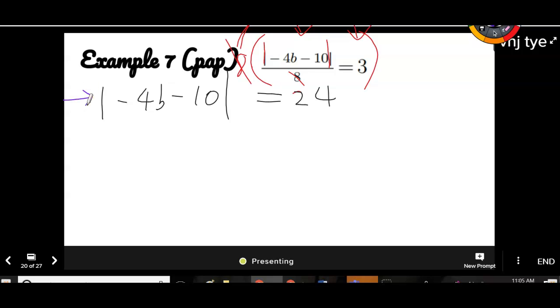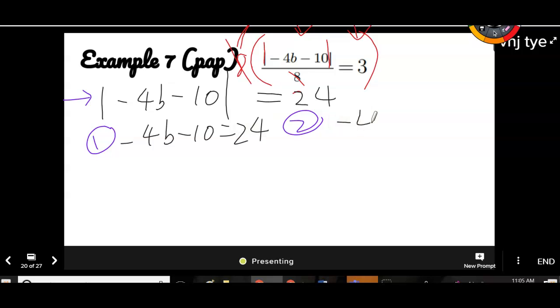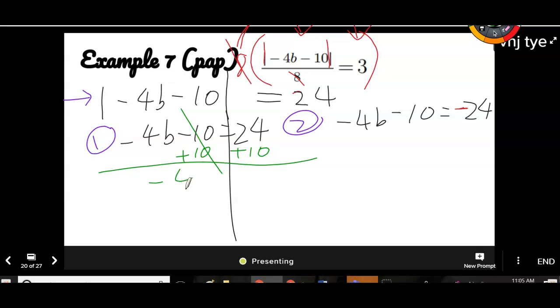This is a clean equation, so from here, turn it into 2 equations. And the other one is inside equals negative of the other side. Okay? And solve each of them. These are simple equations to solve, right? First add 10 and then divide. And you want to get rid of -4, so you divide -4 on both sides.